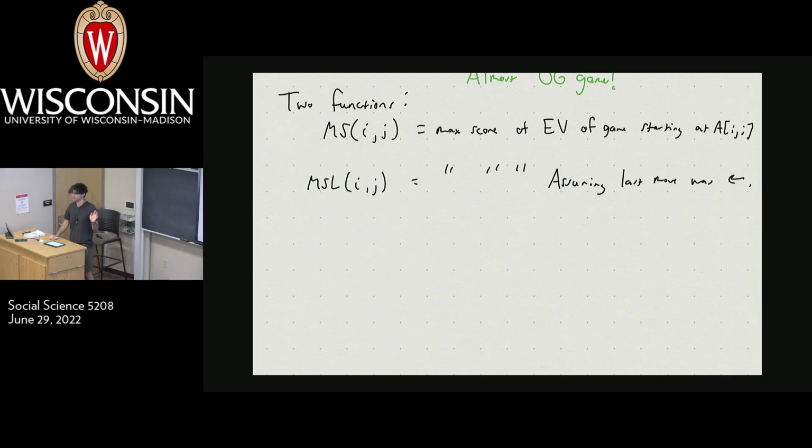So are the definitions of what the functions are trying to compute clear? Anyone want to be bold and say yes or no? Nods are cool too. Okay.